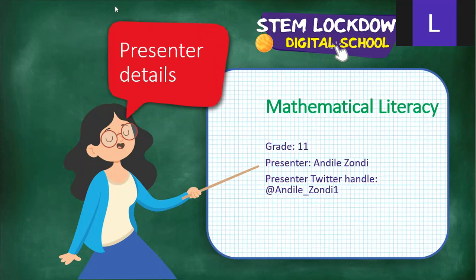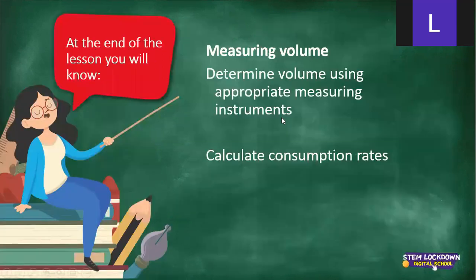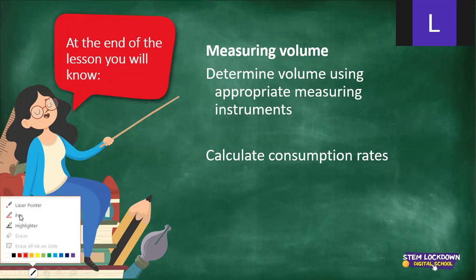As I've said, we're looking at measuring volume. By the end of today's lesson, you should know how to determine volume. Today's lesson is about measuring, not so much calculating volume.